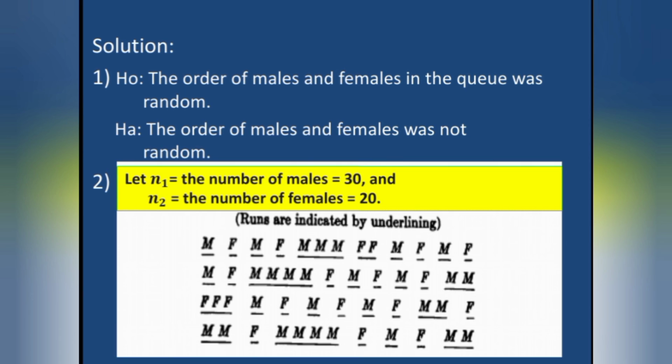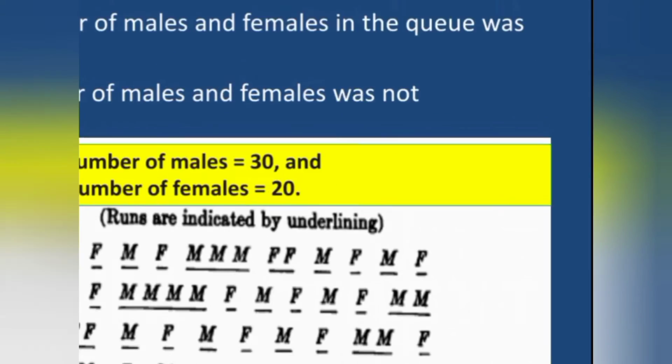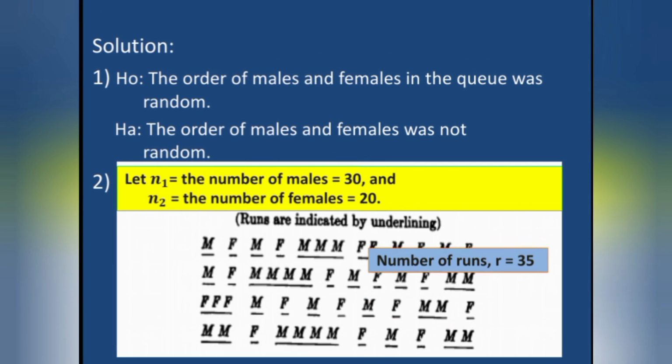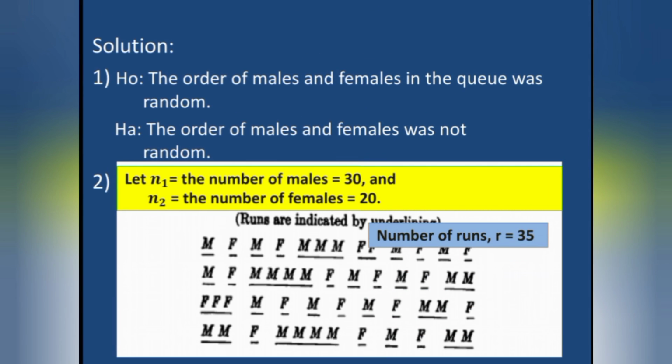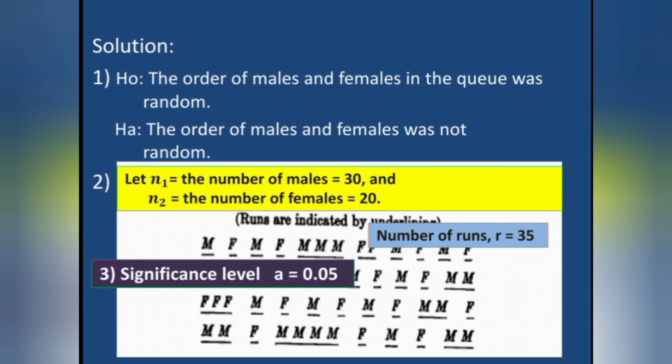Runs are indicated by underlining. So we have number of runs, R, is equals to 35. And the significance level alpha is equals to 0.05.